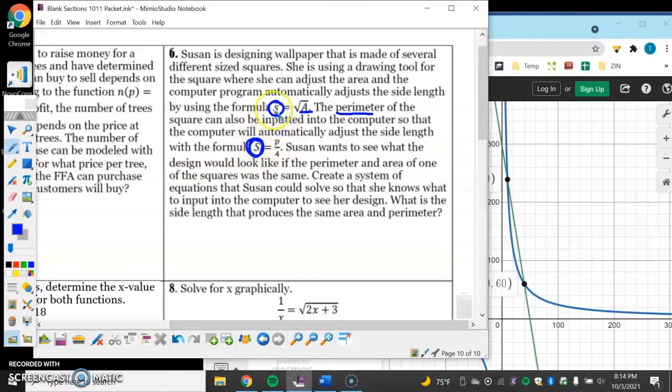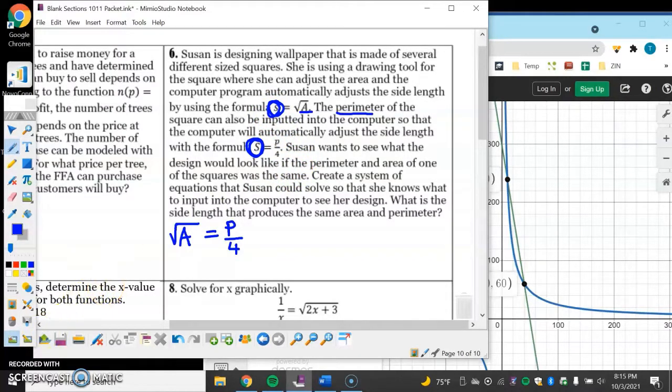But I know that both of these equations are S equals. So if it is S equals, then I can say that the square root of A equals P over 4. I'm basically substituting for S.